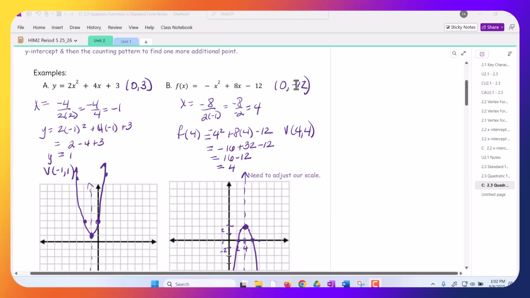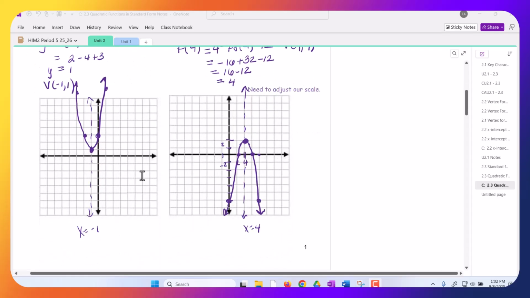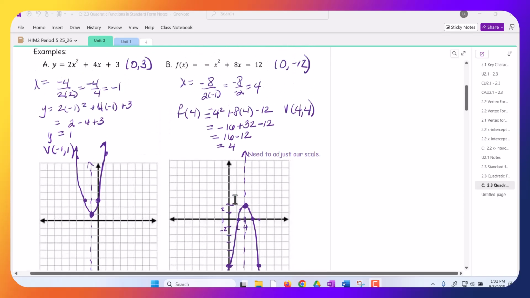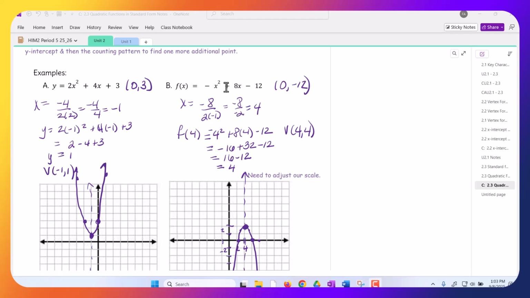Here I've got standard form, so I cover these two up, and I know I've got a y-intercept of (0, -12). I could plot that if I wanted to right away. Now I need to find the x-coordinate of my vertex. So I take the opposite of b over 2 times a. This is going to give me a +4.